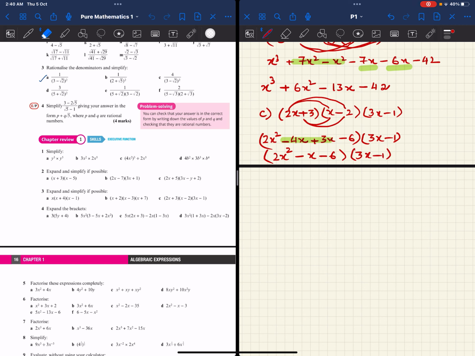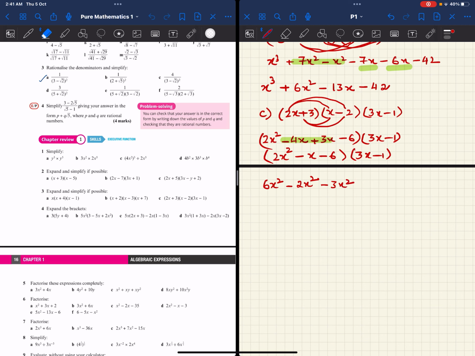Now, first term with the first term, 2x squared into 3x, 6x cubed. First term with the last term, so 2x squared into negative 1, minus 2x squared. Then minus x, which is the second term, with 3x gives us minus 3x squared.